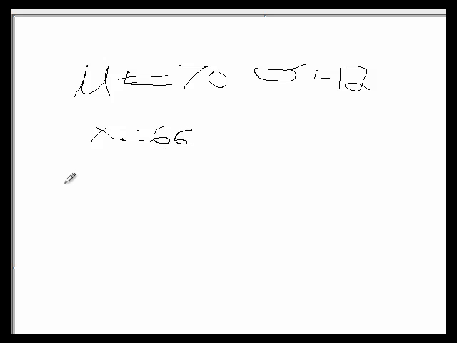All right. First step I always share with you is to draw the picture. So let's draw it. And again we want to know what proportion of scores on the test will be greater than or equal to 66.